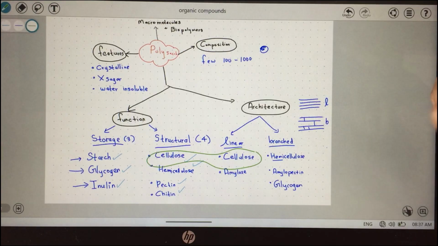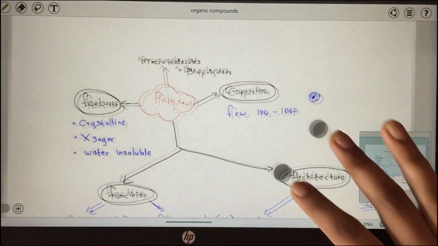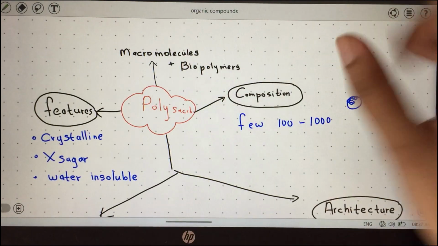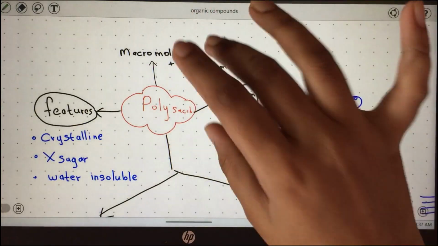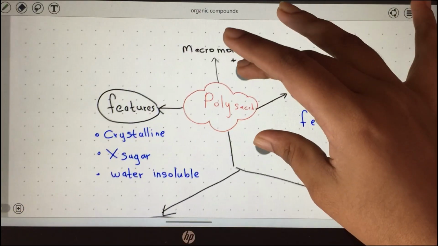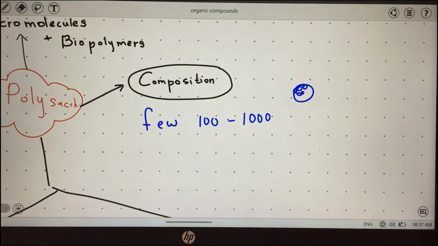Now after we are done with this, we'll quickly wrap up what we did for polysaccharides. Always under each category, at the top we remember something unique about that particular group. So here it's macromolecules and biopolymers. Under composition, we remember it's made up of a few hundred to a few thousand monosaccharide subunits.